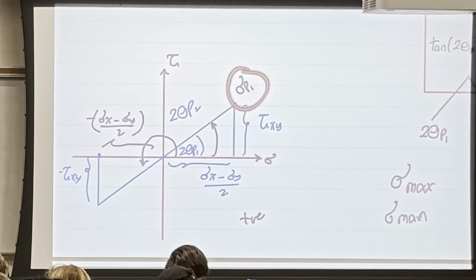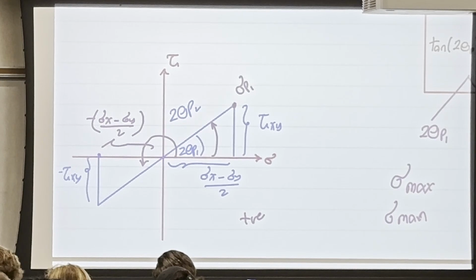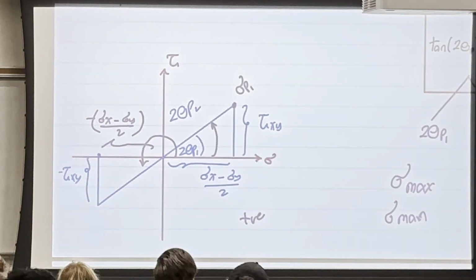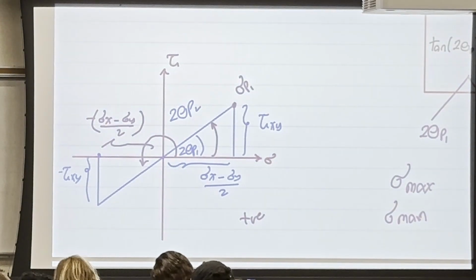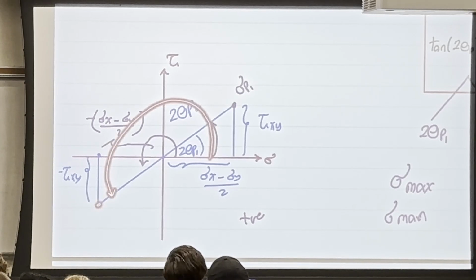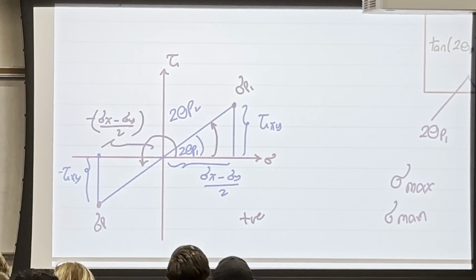So this point is sigma P1. But if in the equation the sigma x minus sigma y over 2 was negative like what you see here, the angle that you got gonna take you to here. And this point is gonna be sigma P2.